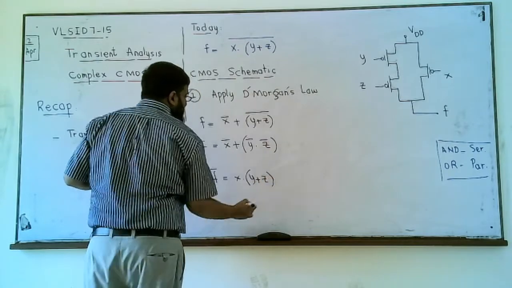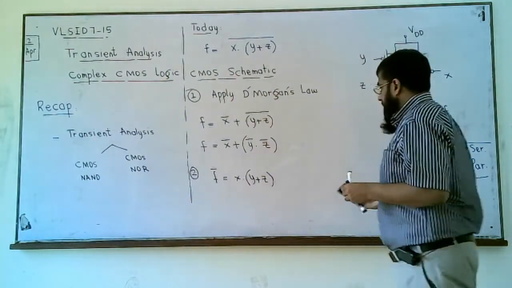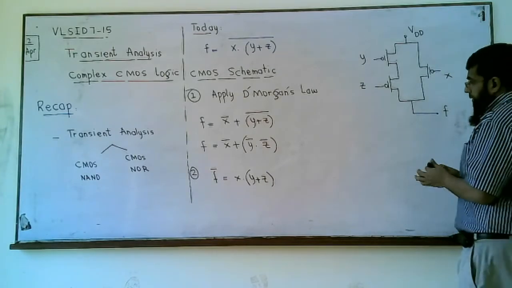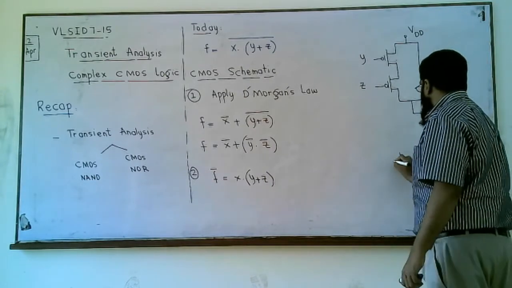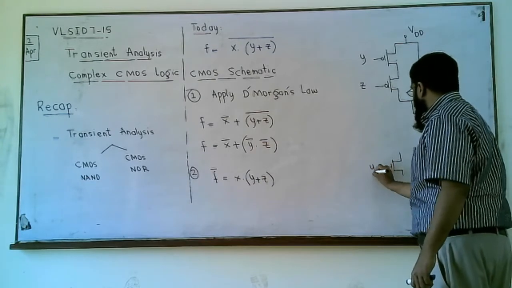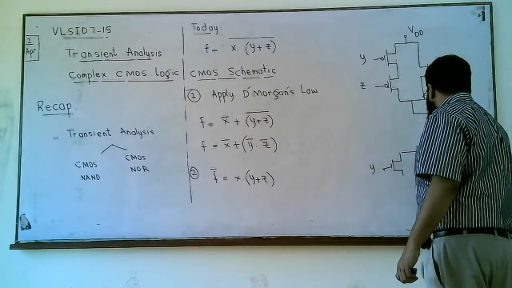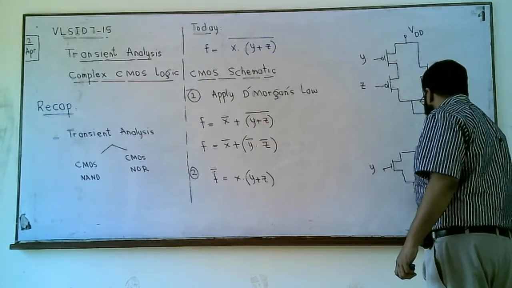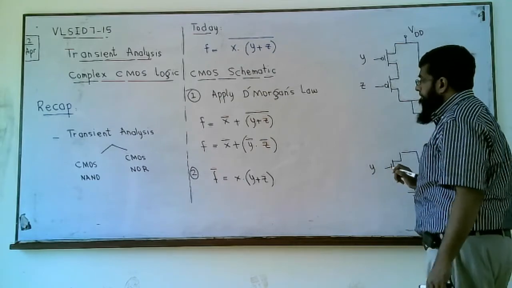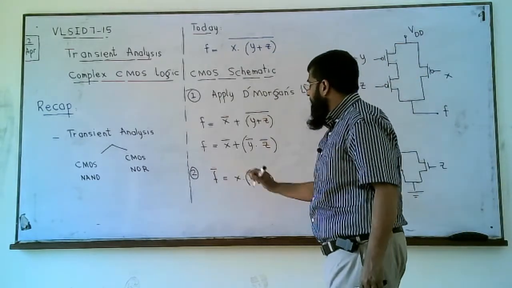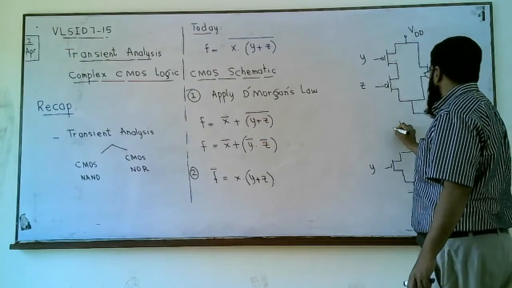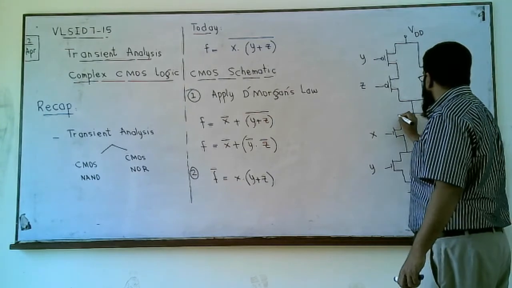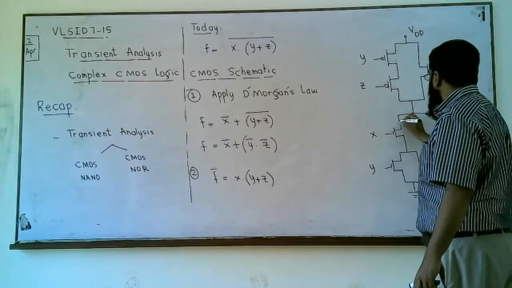Now if we implement it using NMOS, y and z are in parallel, because there is an OR operation in between, and this whole is in series with X, ANDed with X. This means in series with X, like this, and we can connect it to the output.